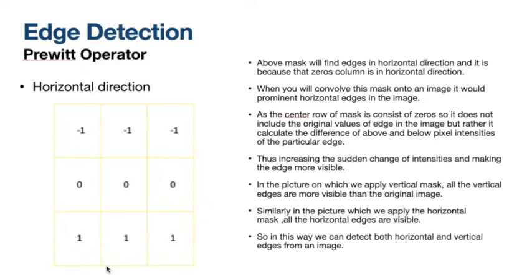In a picture, when we apply the vertical mask, all the vertical edges are more visible than in the original image. And similarly, when you apply a horizontal mask on an image, all the horizontal edges will be more visible.